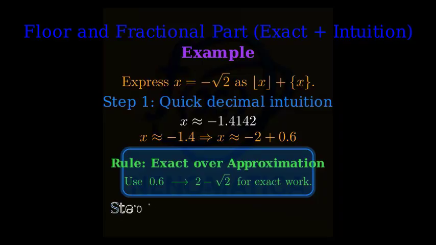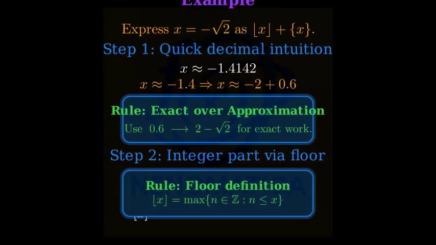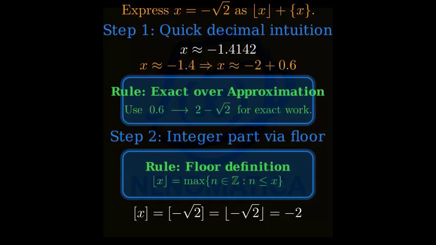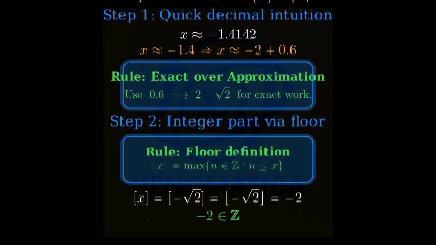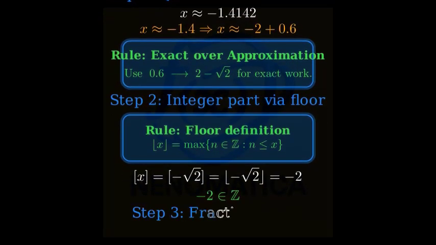Step 2. We compute the integer part using the floor function. The floor of a number is the greatest integer less than or equal to that number. Since negative 2 is less than or equal to negative square root of 2, which is greater than negative 1, the floor is negative 2. And yes, negative 2 is an integer. Step 3. Now, the fractional part.